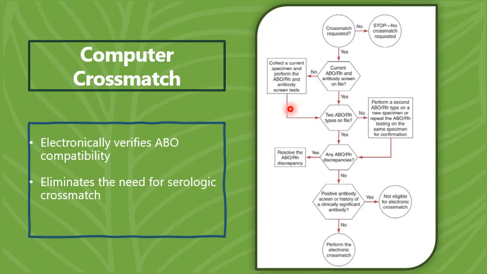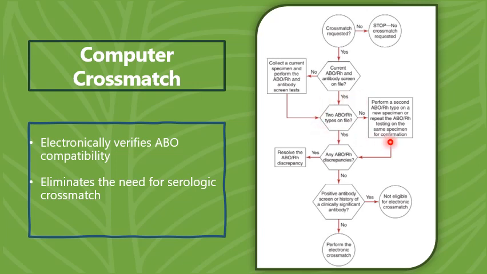If yes, then yes na din ito. So are there two ABO-Rh types on file? So kapag wala, perform a second ABO-Rh type on a new specimen or repeat the ABO-Rh testing on the same specimen for confirmation.